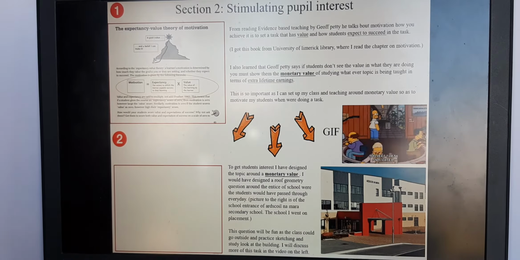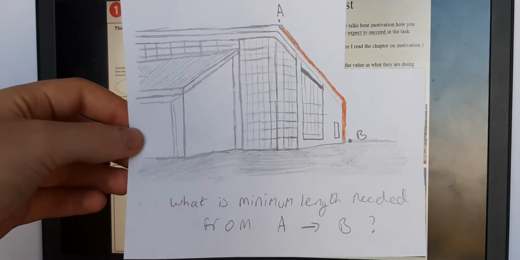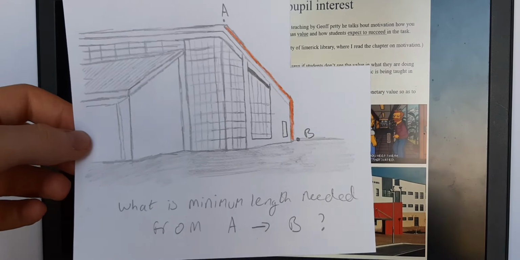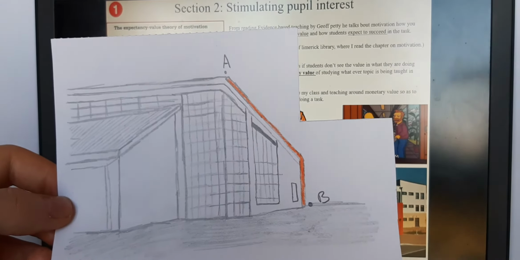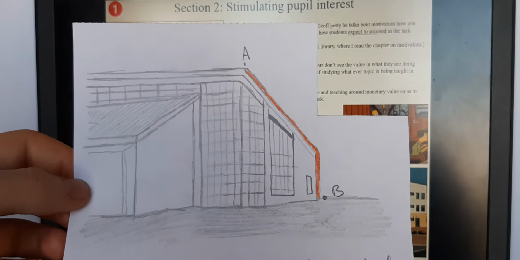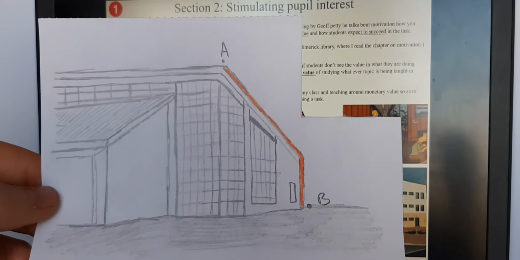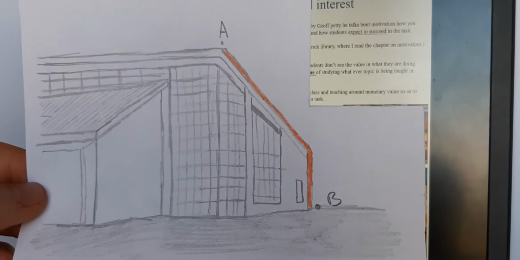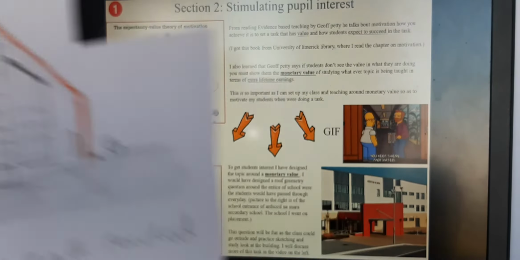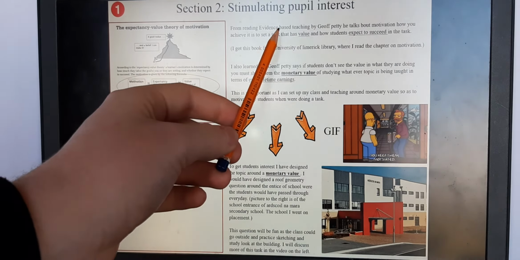In section 1, I was talking about the science lab and the reasoning of getting from point A to point B, and how you must do a true shape to find the length. That task in section 1 is basically to show how roof geometry can be used in day-to-day life, while this task is for stimulating pupils' interest.